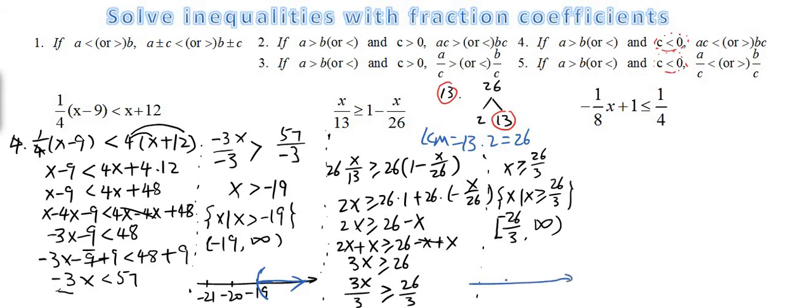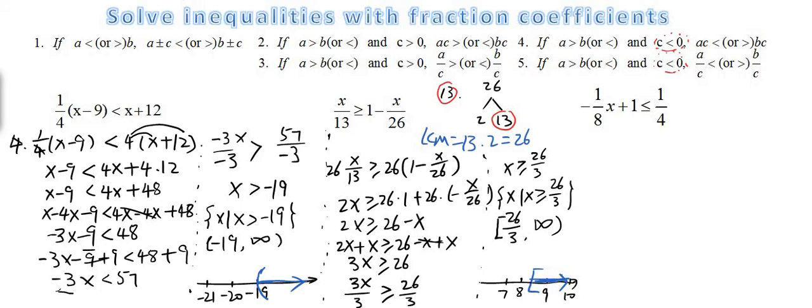Okay, 26/3 should be between 8 and 9, and we should be here. So we can draw the graph like that.